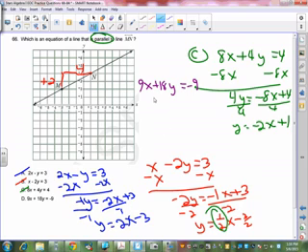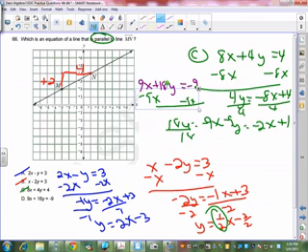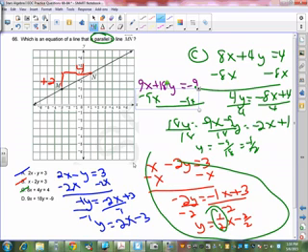I don't even need to go any further. If you did subtract 9x from this one, you'd have 18y equal negative 9x minus 9. Divide by 18, and you would have negative 9 over 18, which is negative 1/2. And so anyway, all we needed to do was right here, and that is the answer. So B is our answer there.